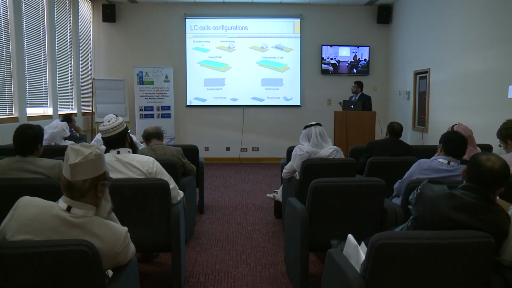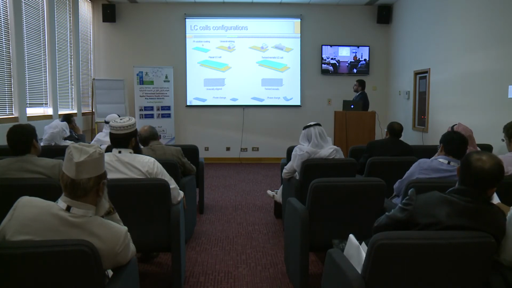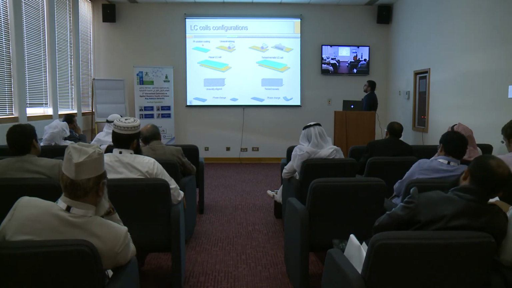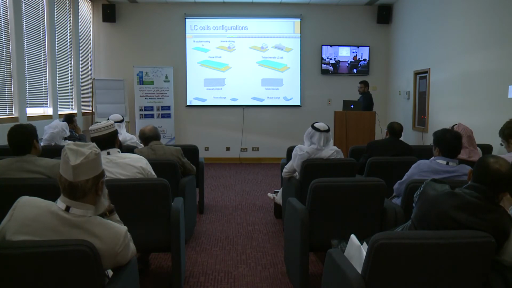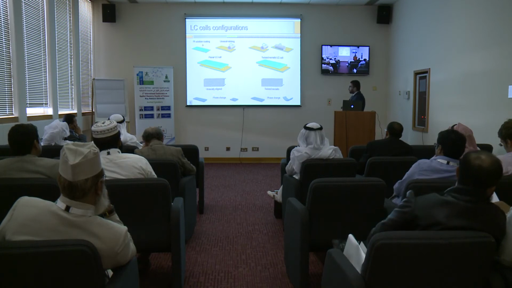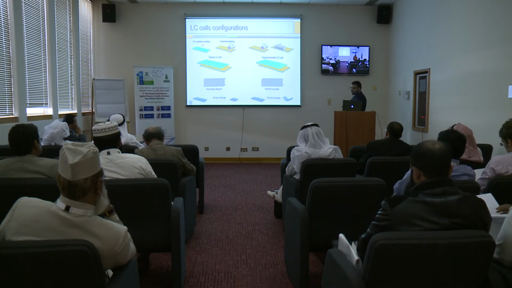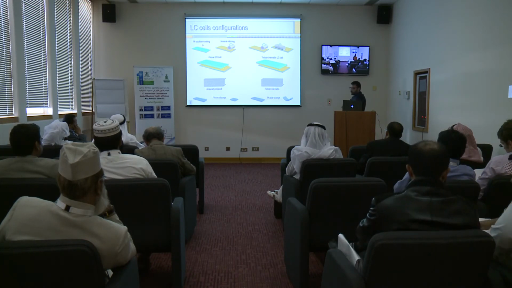So how were these films produced? For these, two types of LC cells are used. One is called a planar LC cell, and the second type is a twisted nematic LC cell. It produces a polymer film which can adopt a shape like this one, and for a twisted nematic cell, the film produced shows actuation into a curling motion.